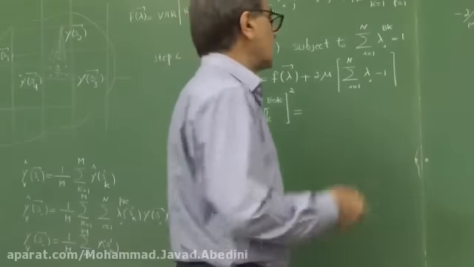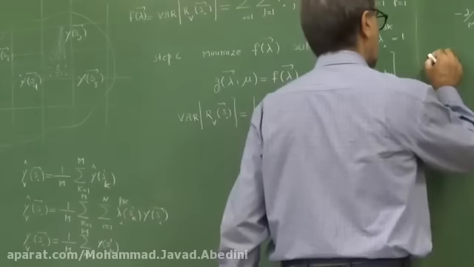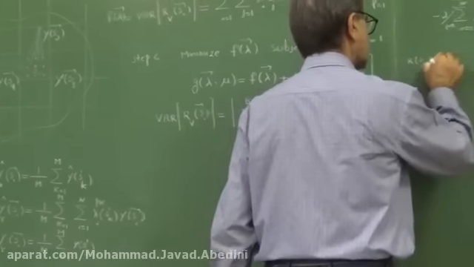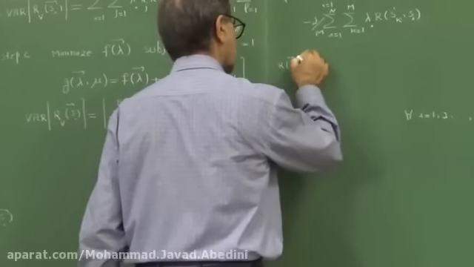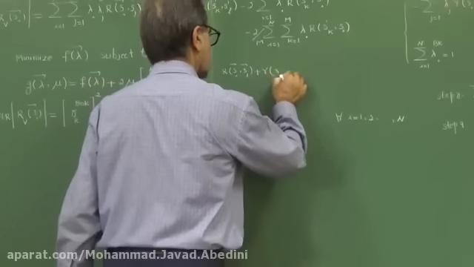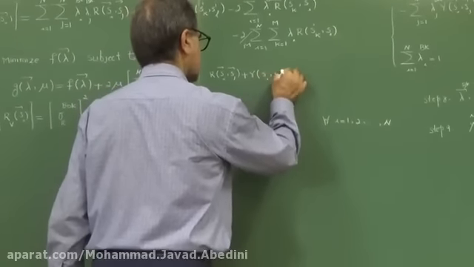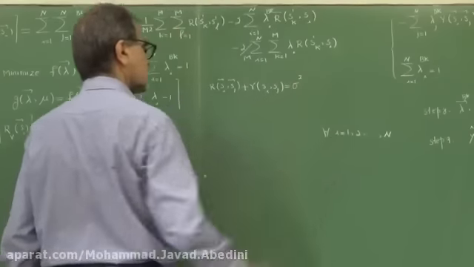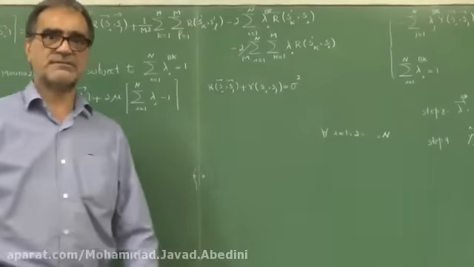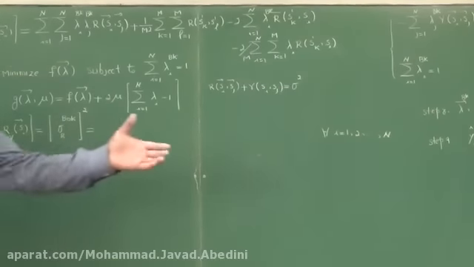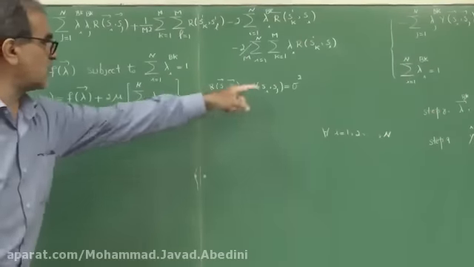Now, you do know that R for SI, Sj plus gamma SI, is equal to sigma square. And this sigma square is the global variance. Now, you would like to replace this R with that one.